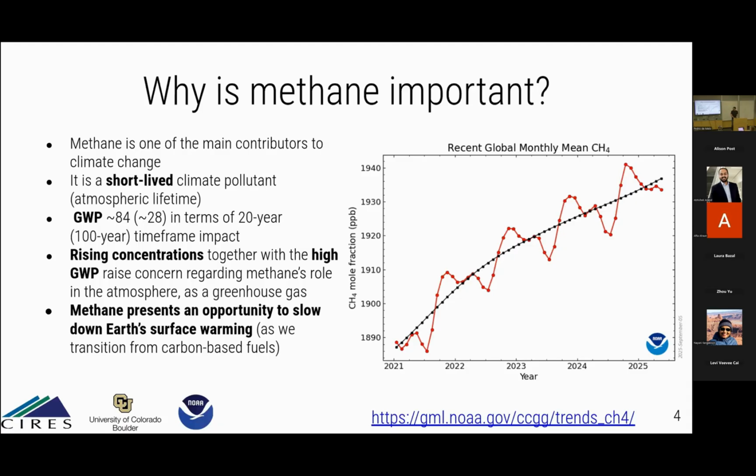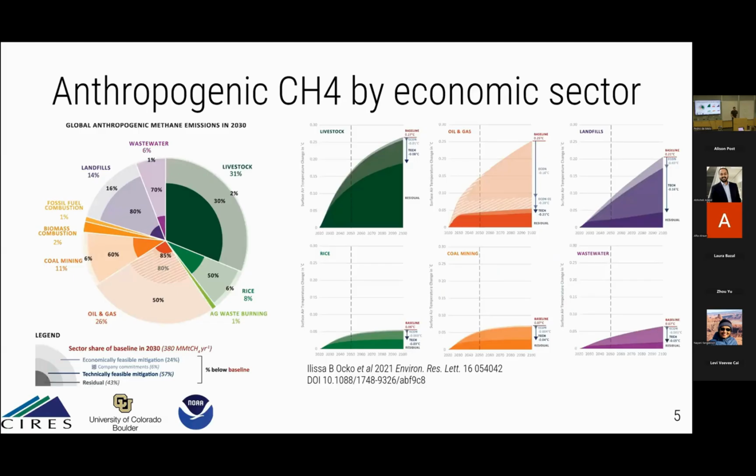That means that methane presents an opportunity for us to slow down global warming as we transition from traditional fossil fuels, carbon-based fuels, to something else. And this is a very interesting work by ACO. And here we have the global anthropogenic methane emissions projected to be emitted by the year 2030.